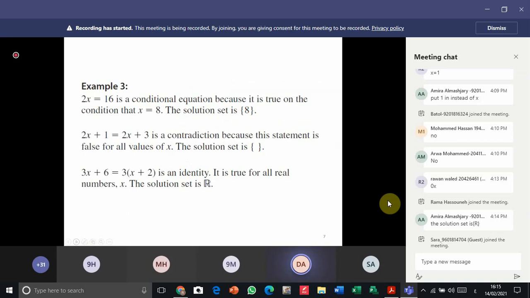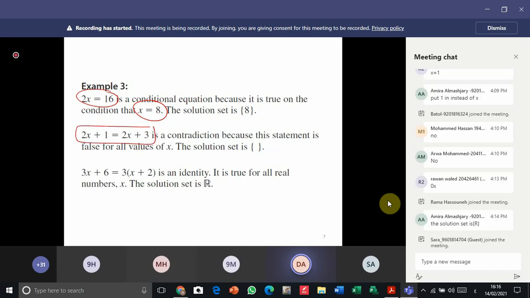Example for contradiction, we already solved the example. Look at this, just divide by 2. The solution is x equal 8, only x equal 8. Any value other than 8, the solution is incorrect. So this is a conditional equation. Look at this one.